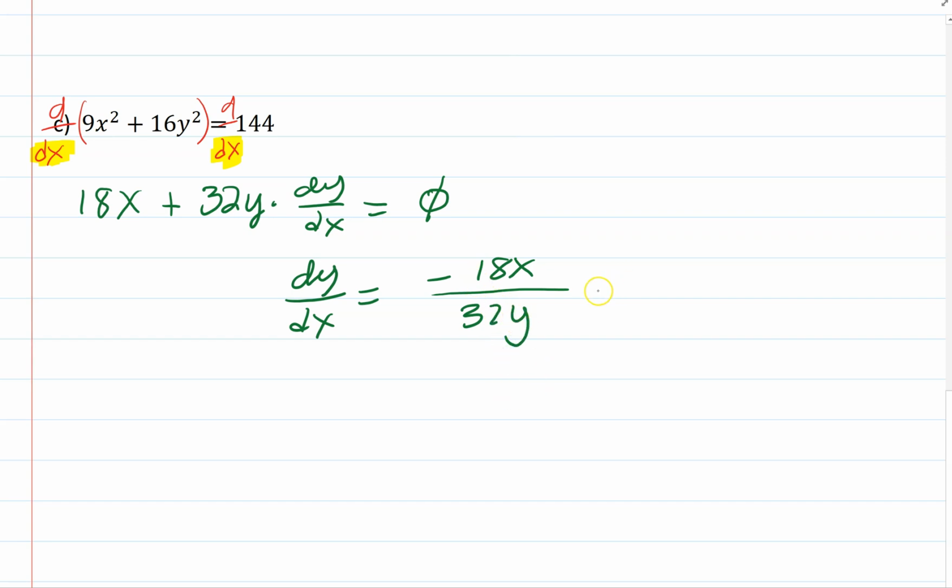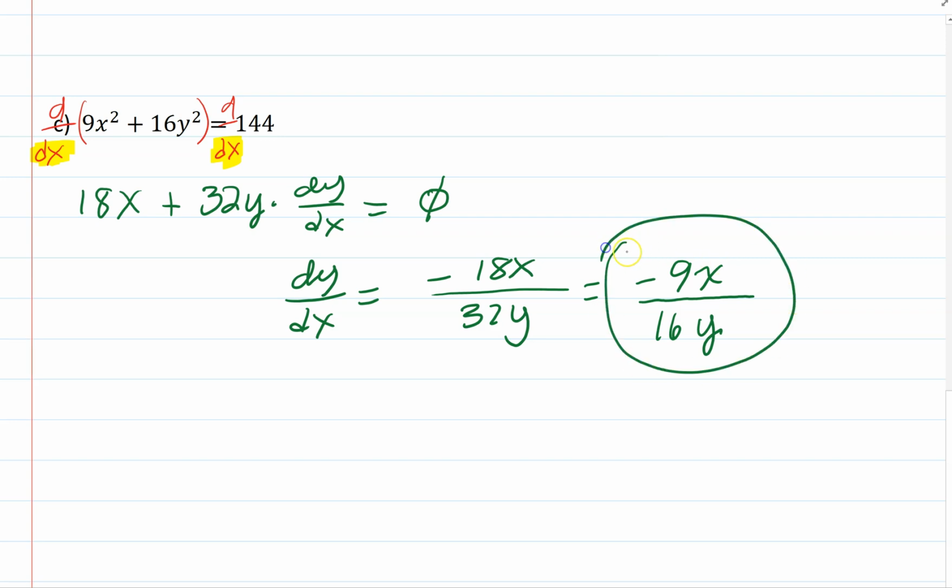And you can actually reduce, dividing by 2 on the numerator and the denominator. That would be negative 9 over 16y. And that is your answer for part C.